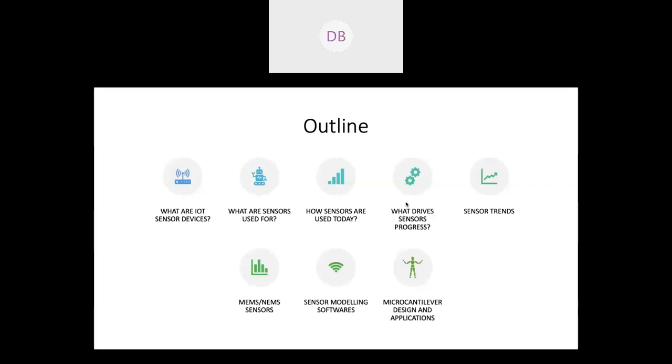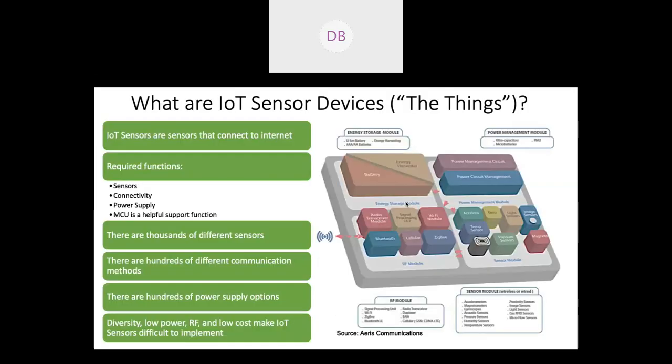So starting off, what are the IoT sensor devices? Every sensor or sensing device that can be connected to the internet can be called an IoT sensor device. Now, when we say connected to the internet, obviously it should have some functions.